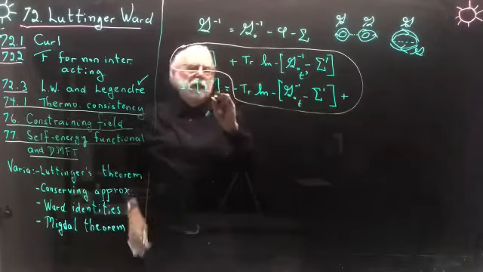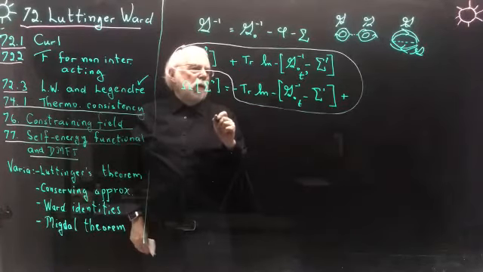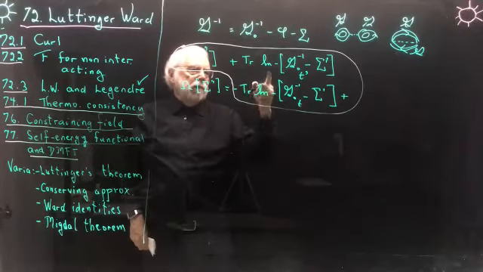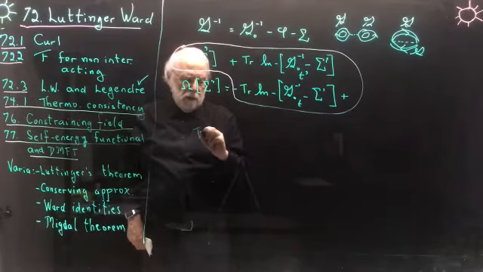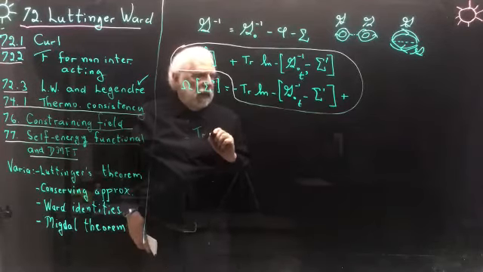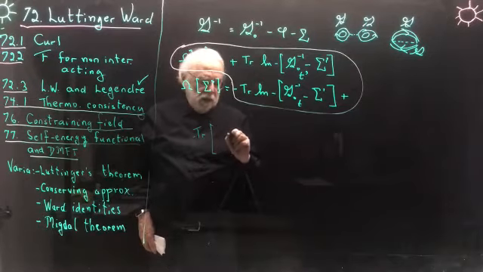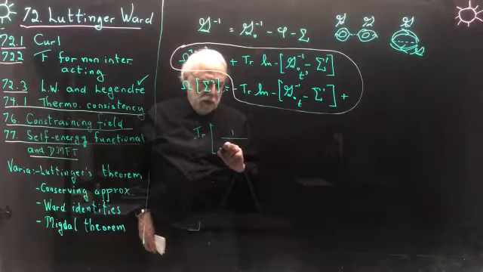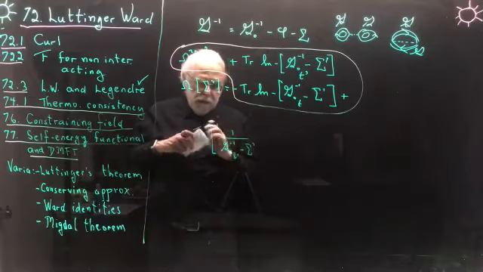So if I functionally differentiate this with respect to the t prime, what I would get here is the trace, and then I will get 1 over G0 minus 1 of t prime minus sigma prime.